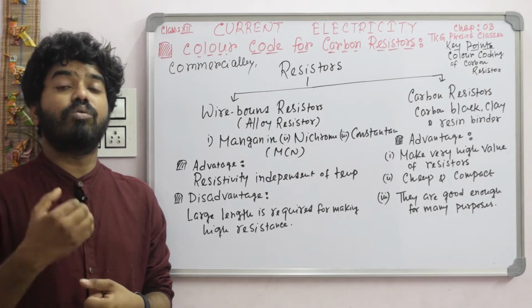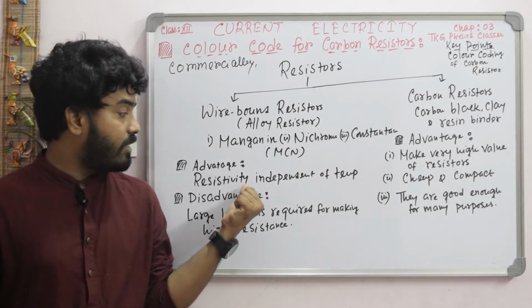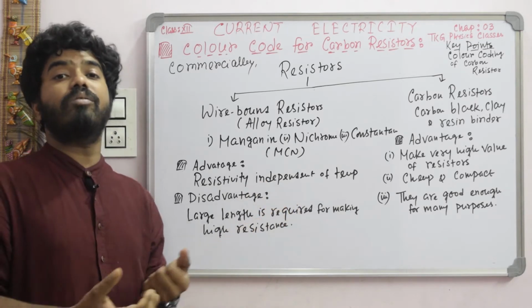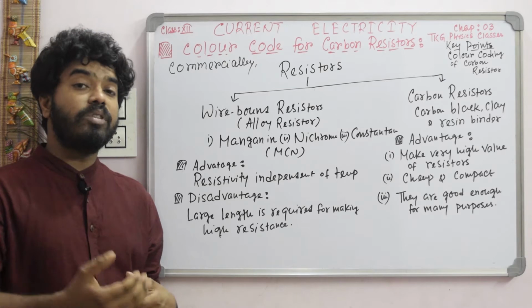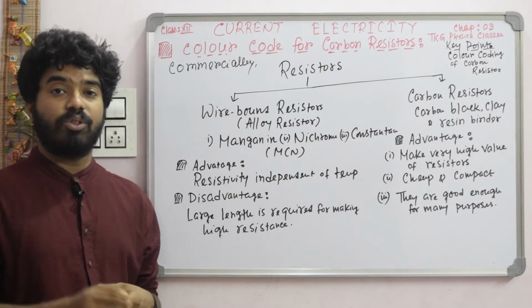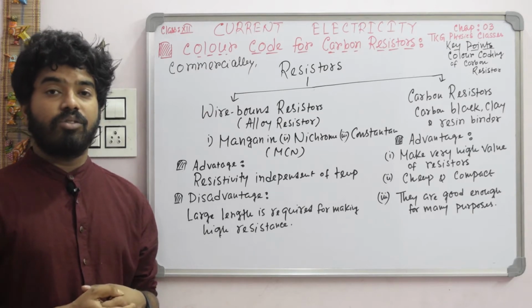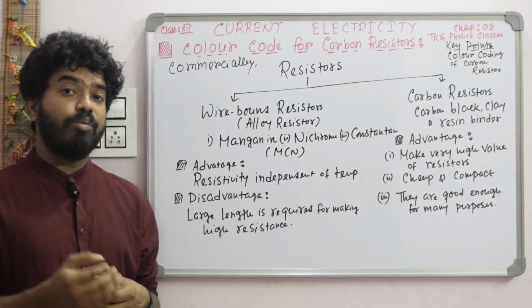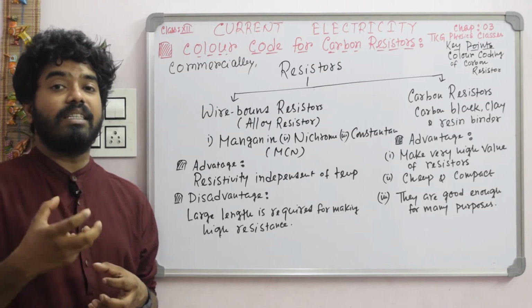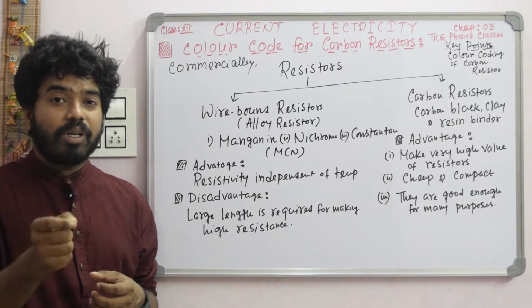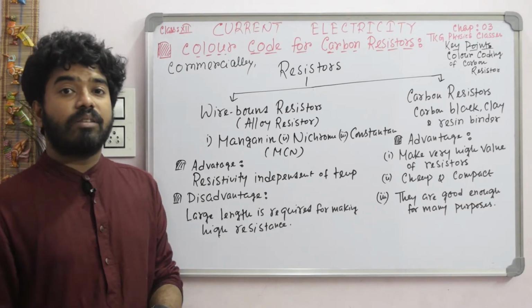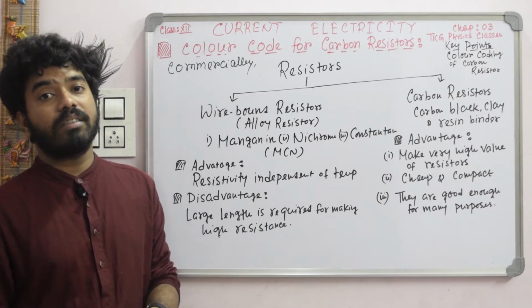Now the question is, if their resistivity is independent of temperature, what is the advantage of it? Suppose you are doing an experiment and you are measuring current through a wire. Suppose the wire resistance increases, so your exact current result remains wrong. Now the question is, why does resistance increase?